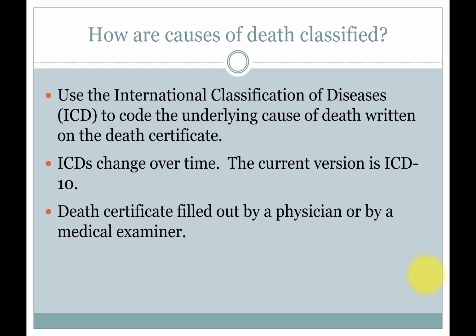Thus, the underlying cause of death excludes information pertaining to the immediate cause of death, which means the total contribution of a given cause of death may not be reflected in the mortality data as it is reported. The ICD is now in its 10th edition, and you need to know that coding categories change from one revision to the next.